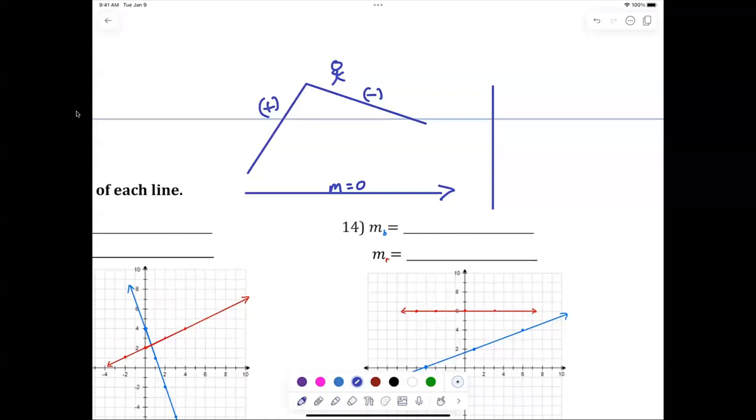So I try to remind kids that a vertical line has a slope, we say, that is undefined. The slope of a vertical line is undefined. Now it's not undefined like it doesn't have a definition. It's undefined based on a fraction.